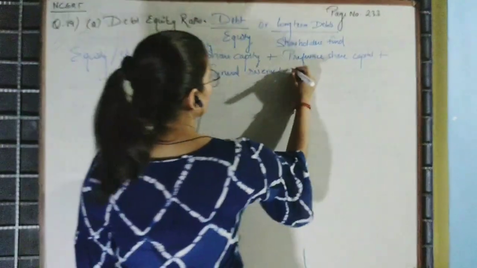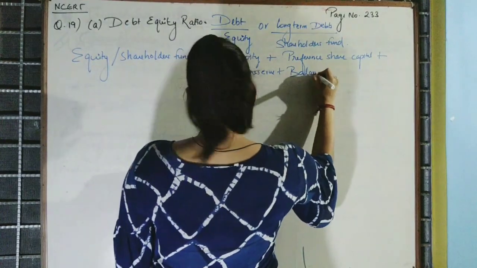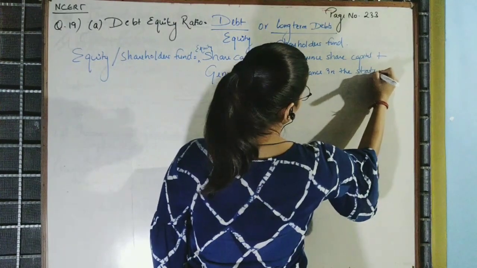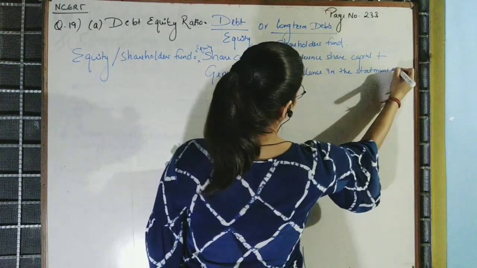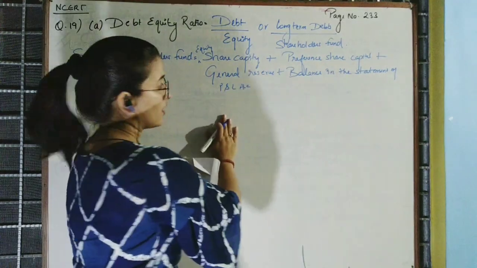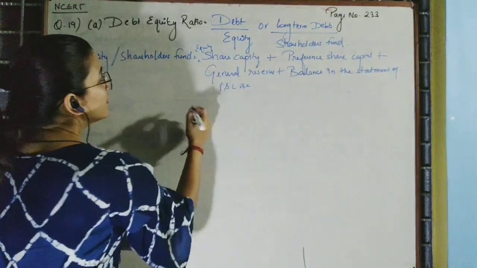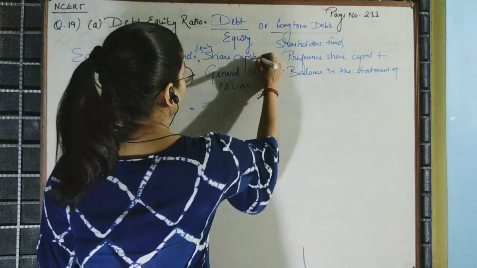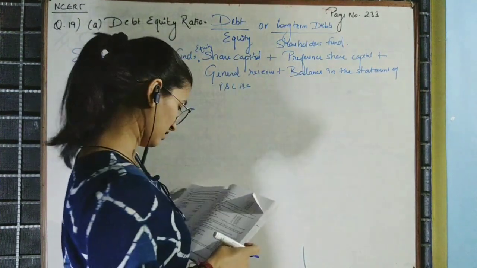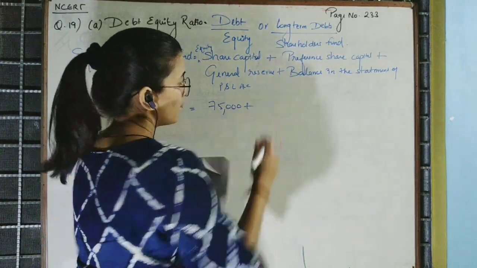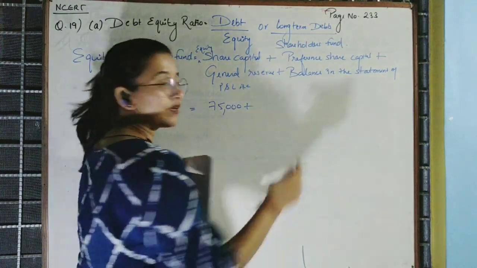So we will include balance in the statement of P&L account, which is profit and loss account. Now here the amount of equity share capital is 75,000. Preference share capital is 25,000.